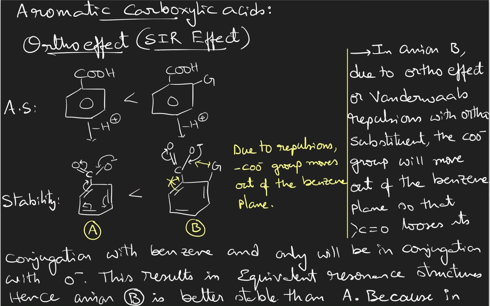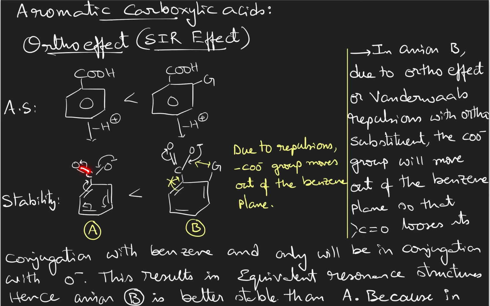Whereas coming to the conjugate base of ortho substituted benzoic acid, due to the steric crowding between the carboxylate and the ortho substituent, the trigonal planar carboxylate group will rotate out of the benzene plane. Here, this trigonal plane is in the same plane as the benzene plane.